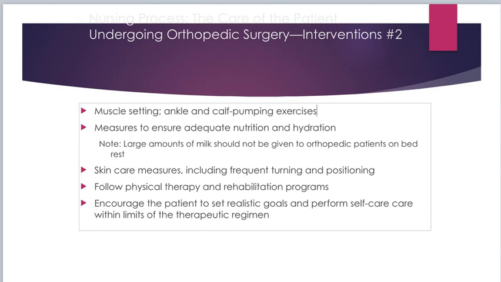We should be following any PT or OT orders, and then encourage the patient to set realistic goals and do as much self-care as they can within the limits of their PT orders or therapeutic regimen, because we want to optimize their independence and progress their healing process safely so that they get back to 100% in a safe and efficient way.